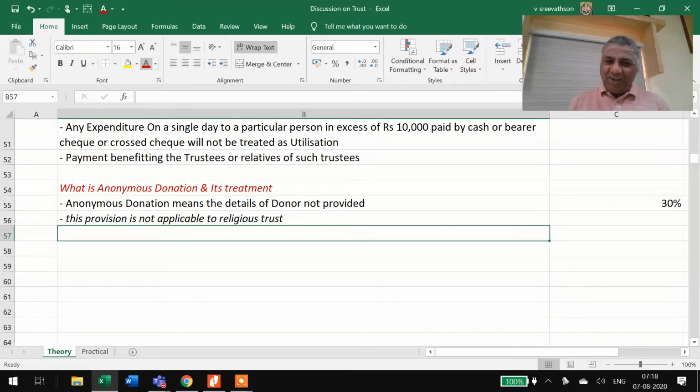So anonymous donation means the details of the donor is not provided. However, this provision is not applicable for religious trust because they cannot get anonymous donation.